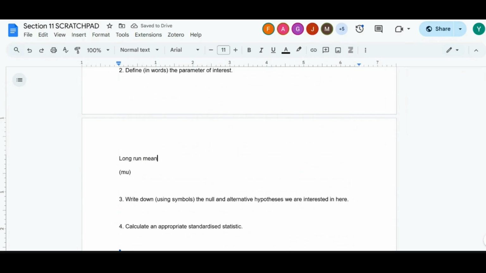Remember my slide? Every time you have the word mean, some quantity has to come after the word mean. What are we interested in here? What about Michigan people? What is this parameter interested in? Is the long run mean what? Yes.